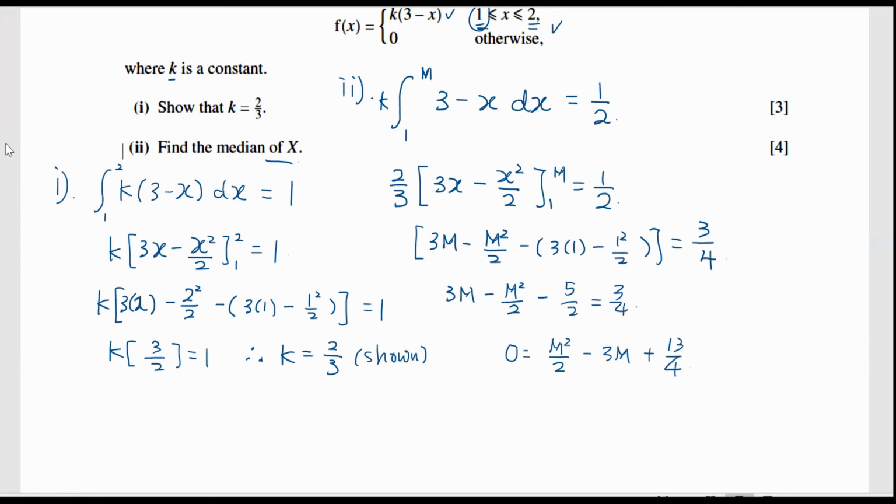Right? Then we try to times 4. So let's see if we are able to factorize it. Okay, cannot factorize, so we use the formula to find the solutions.